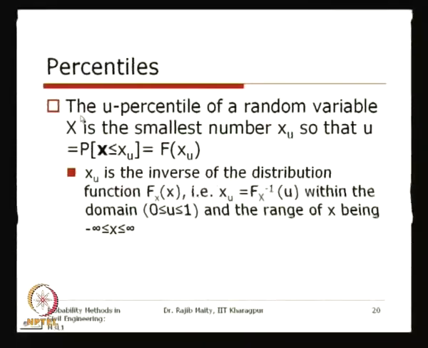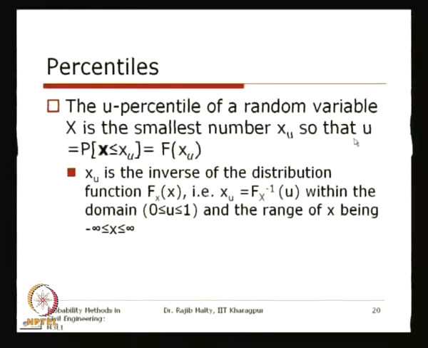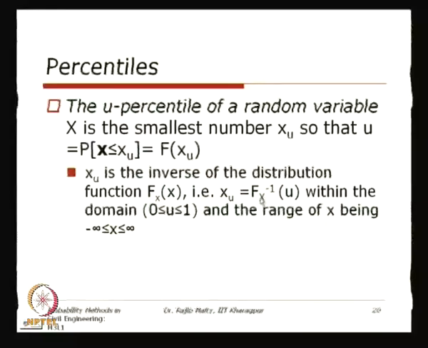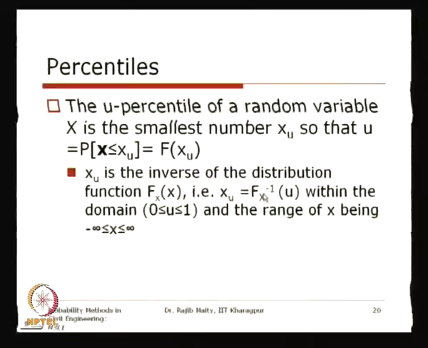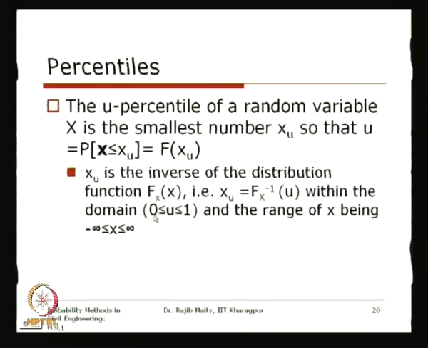The u percentile of a random variable X is the smallest number x_u such that u equals the probability of X less than or equal to x_u. So x_u equals the inverse of the distribution of that random variable for that percentile u. Obviously u ranges from 0 to 1, expressed as a percentage, and the range of x is whatever the range of that particular random variable.